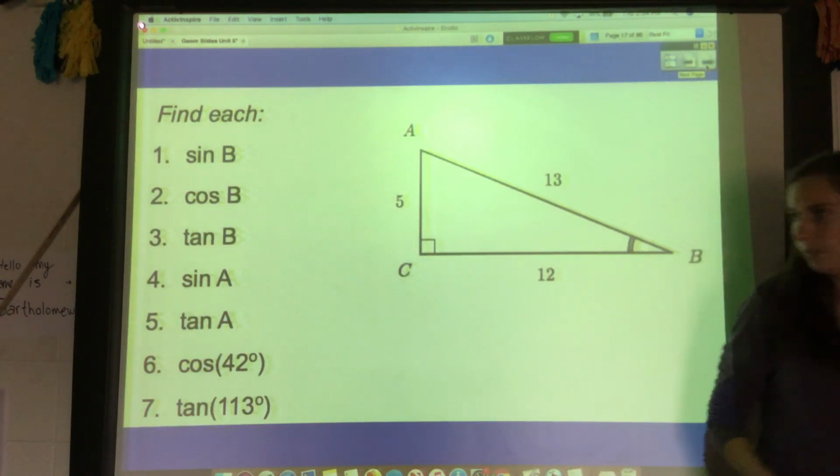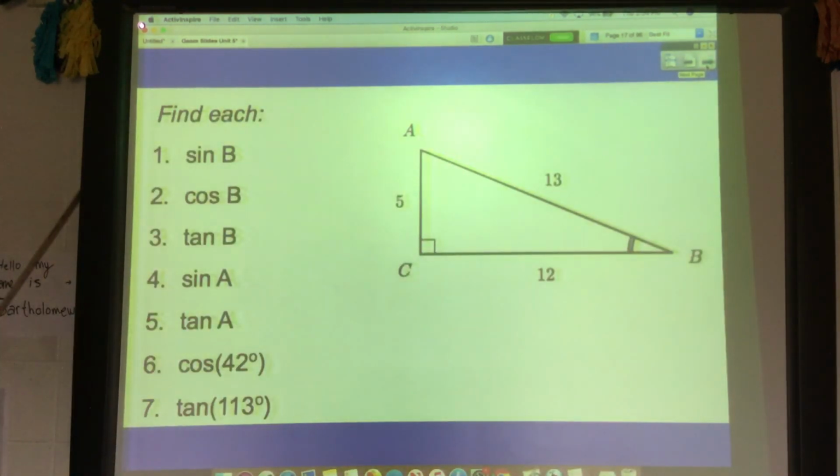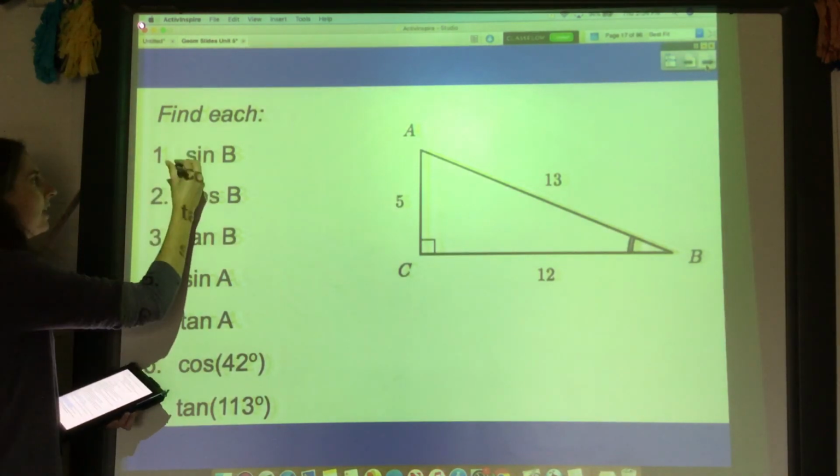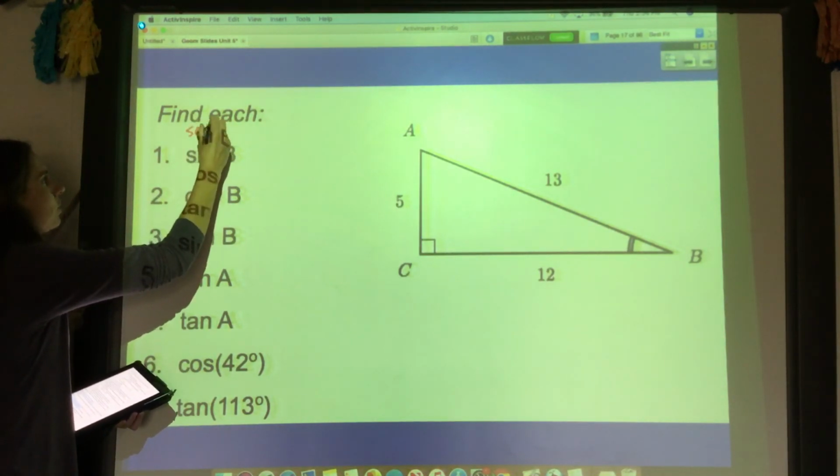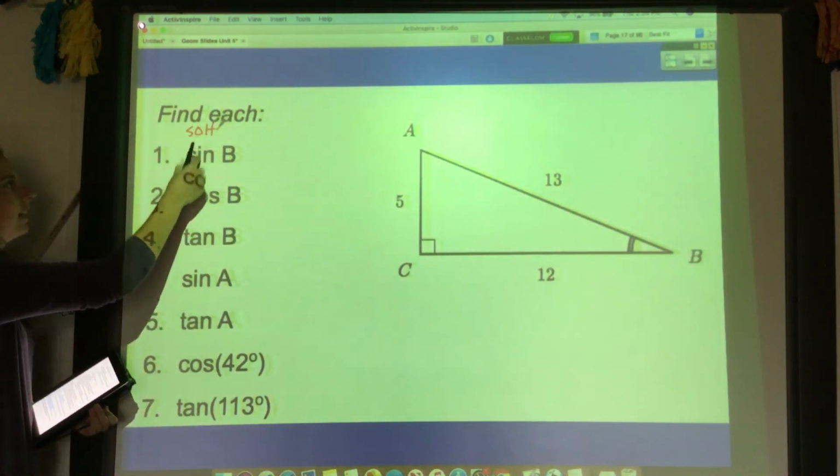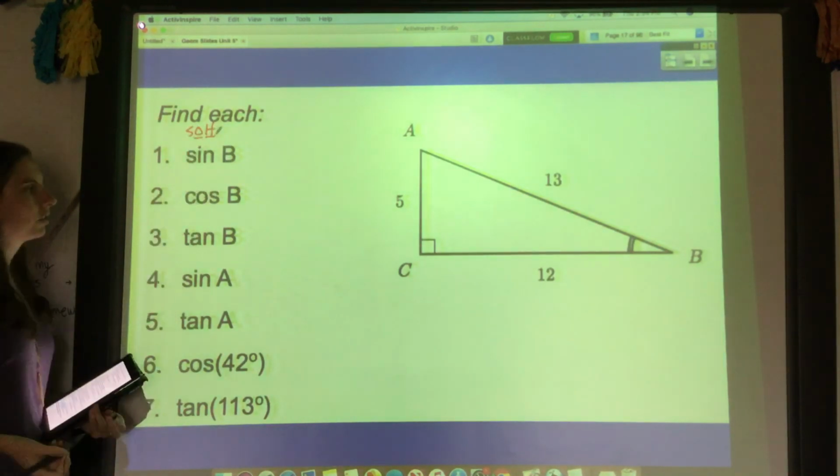So for example, if I want to find the sine of angle B, remember sine is SOH, which means sine is opposite over hypotenuse.